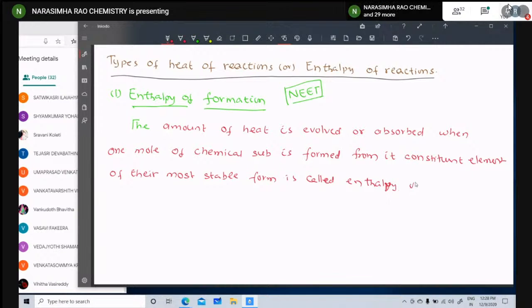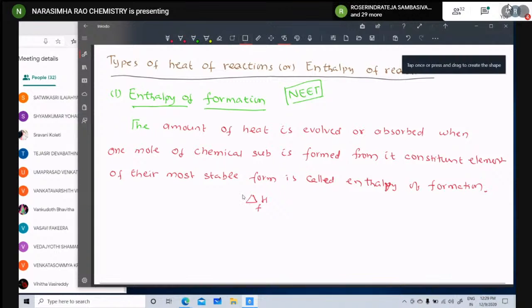Enthalpy of formation. Right, children? Now I am taking it like this. This is the delta H, the enthalpy.